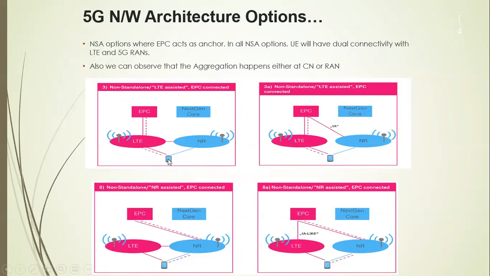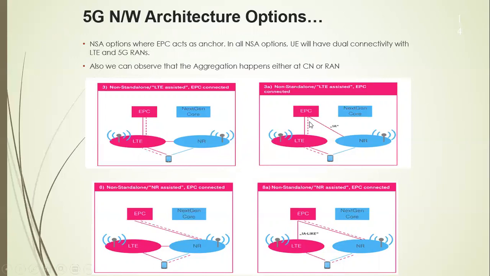And the UE will have dual connectivity, one with the LTE E node B and another with the 5G NR G node B. This we will call ENDC, EUTRA-NR Dual Connectivity. So you will have two RRC connections simultaneously.